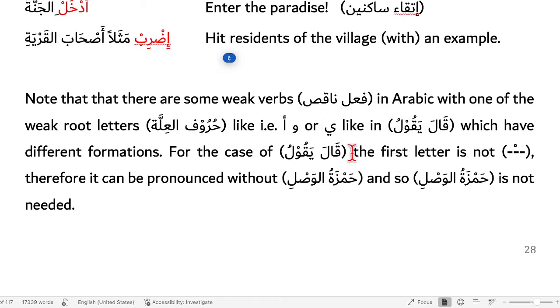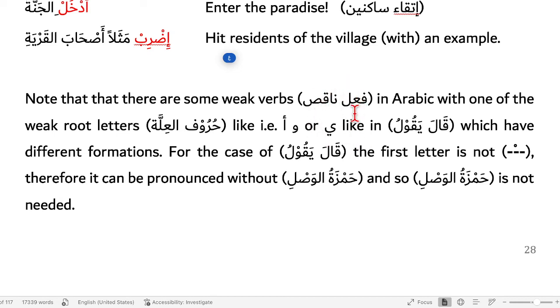I'm not going into detail in this series, because this is not a detailed learning of the Arabic language for Quran.